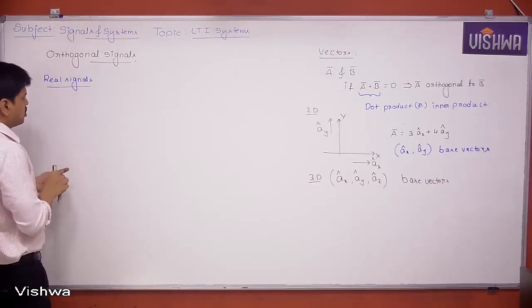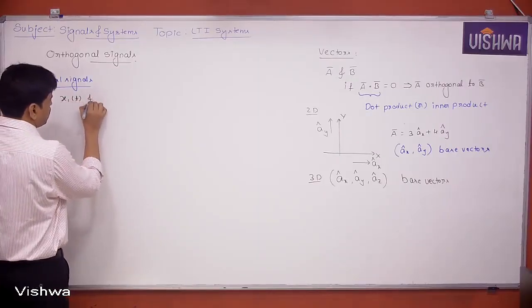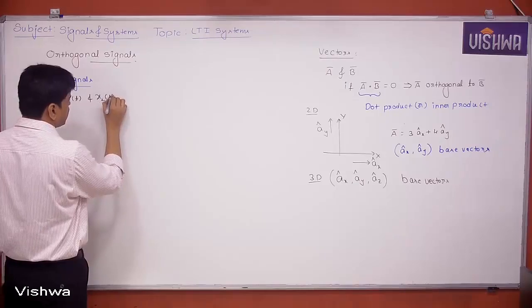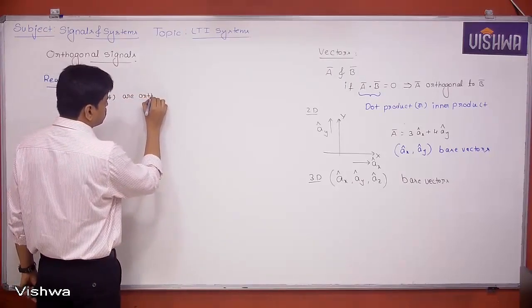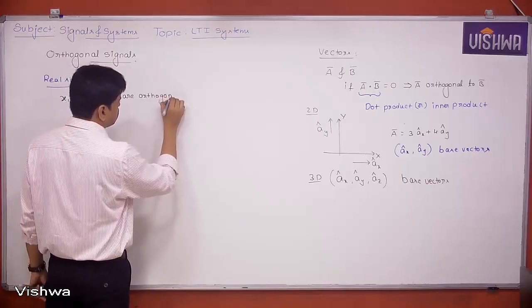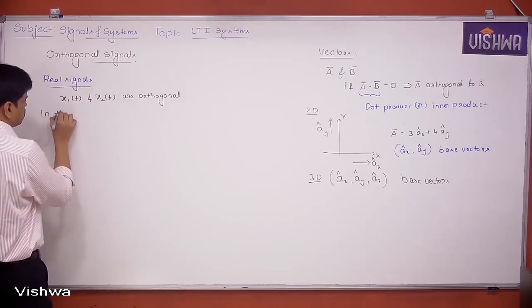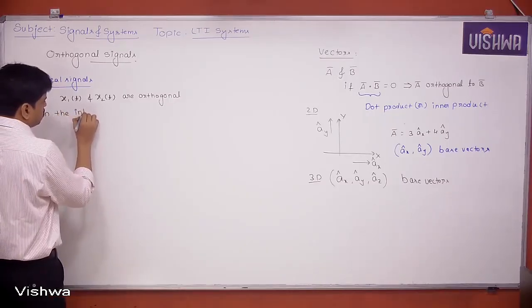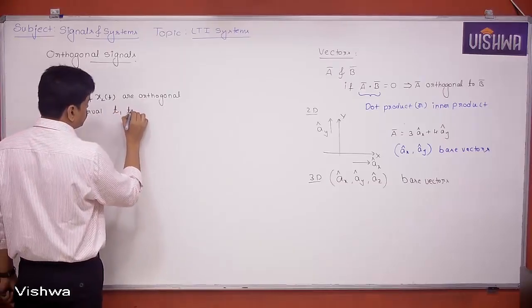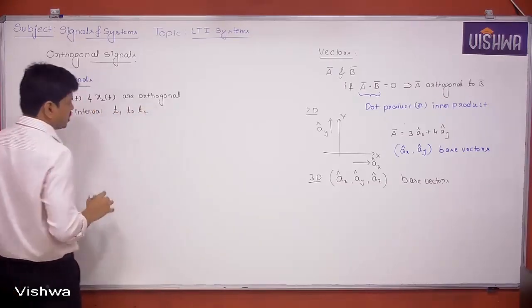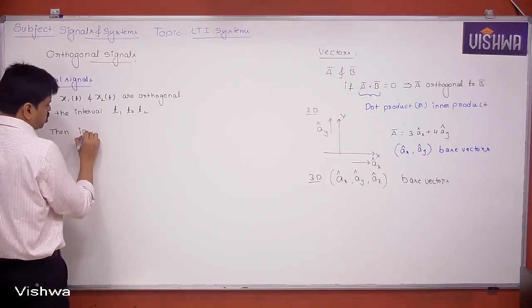let's say x1 of t and x2 of t are real signals, orthogonal in the interval t1 to t2, then the inner product has to be 0.